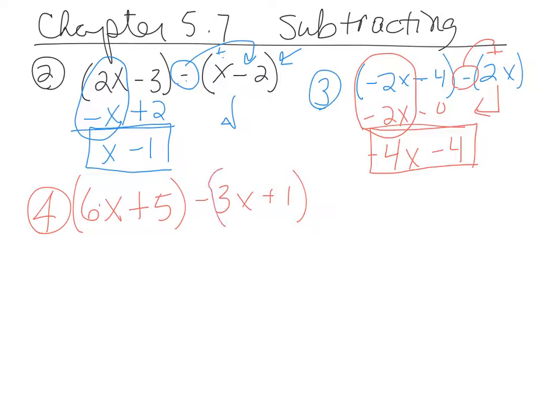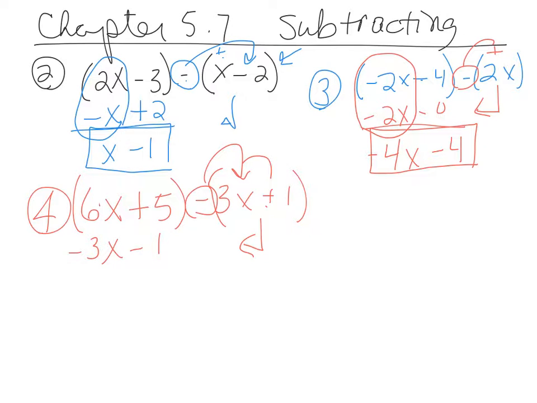All right. And we have two groups here with two terms in each one. And so we're going to march this down. But this is the opposite of each term here. So negative 3x, because it's a positive, so it would be negative 3x. And this is a positive 1, so that would make that a negative 1.